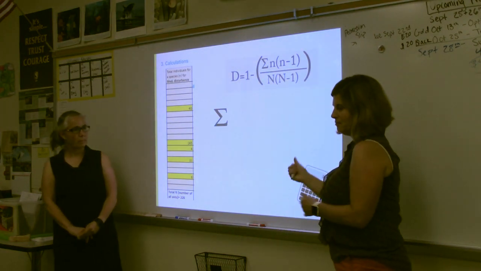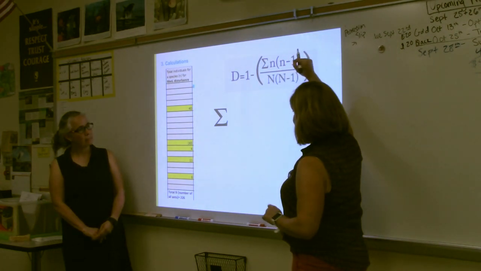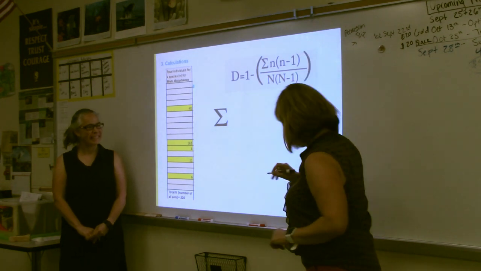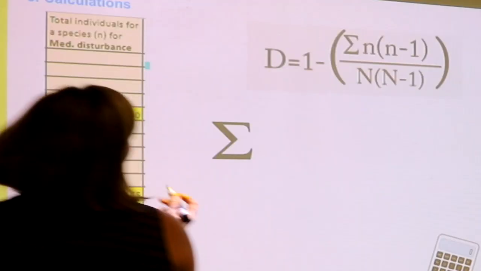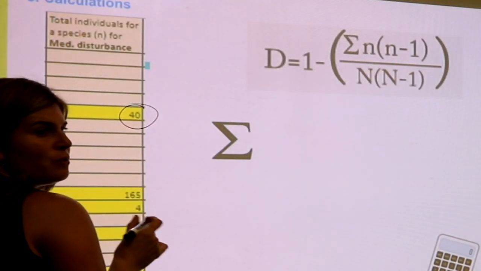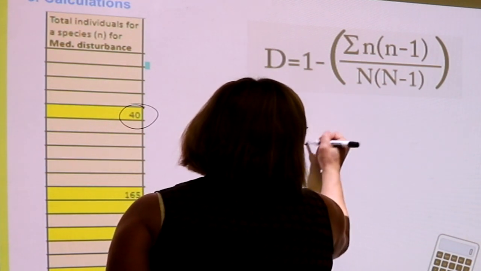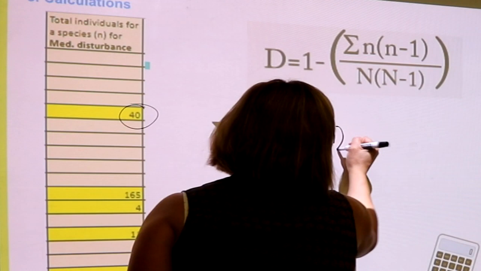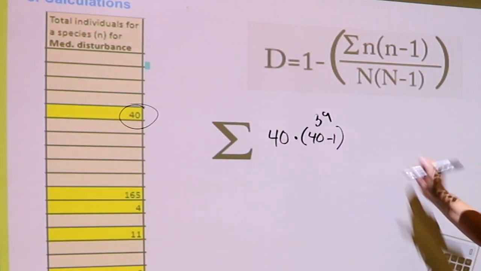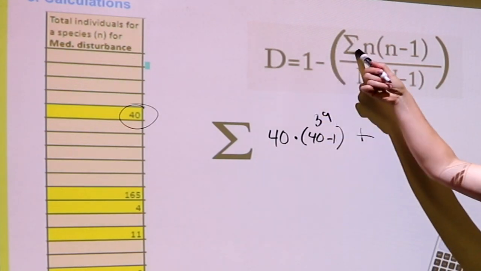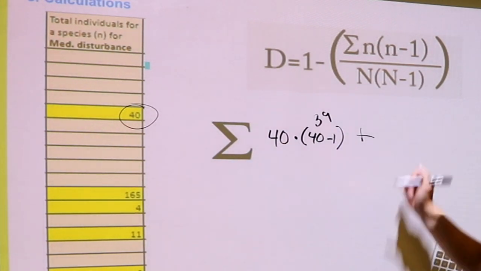So we're actually going to do this equation out. We're going to do the numerator first. We're going to take the sum of little n times little n minus 1. Our first little n for this one was 40, so it's 40 times 40 minus 1, otherwise known as 39. Plus, remember, sigma, so now we add the next little n, which was 165.